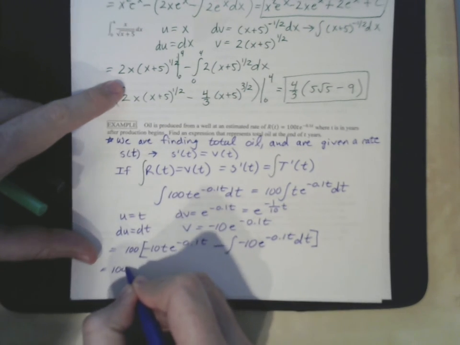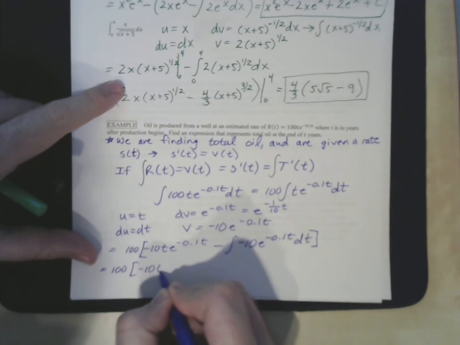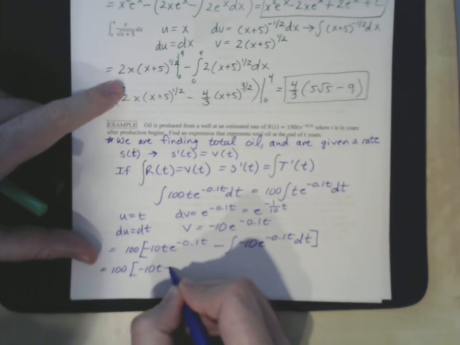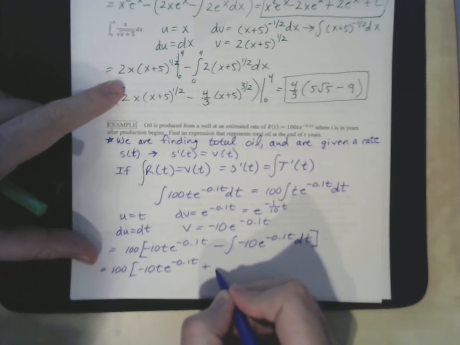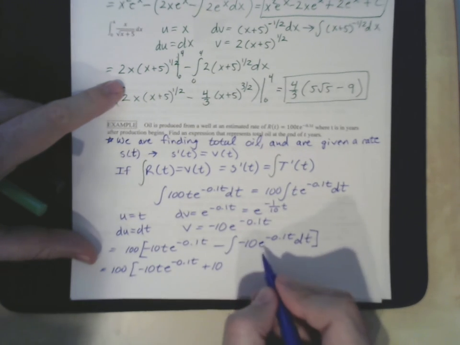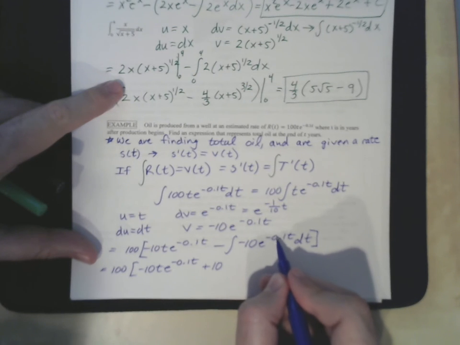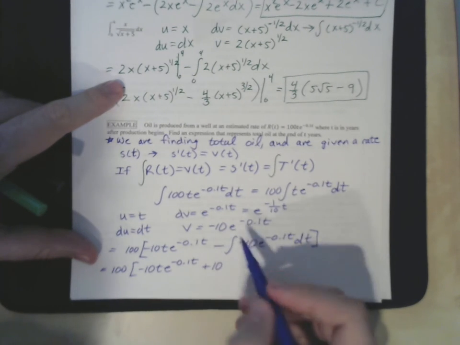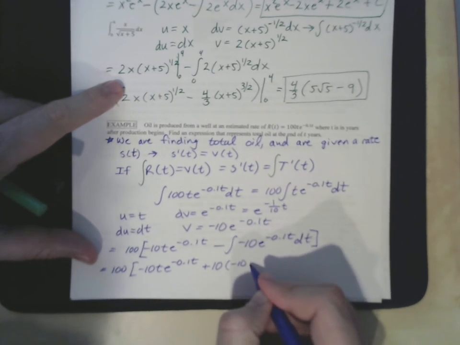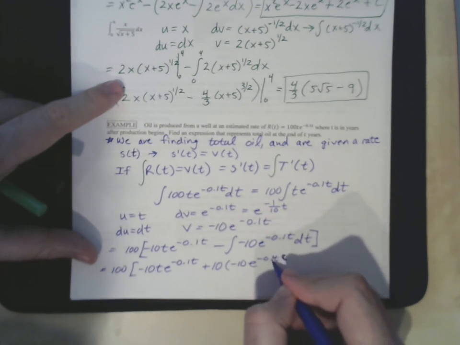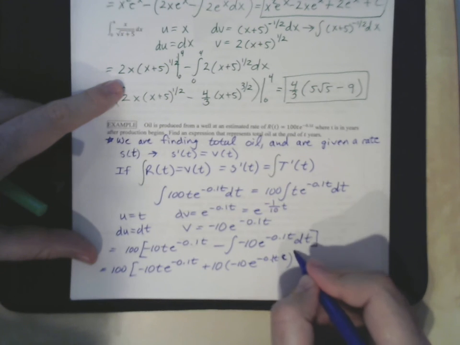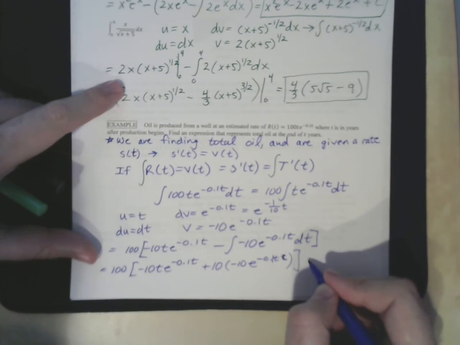So this is 100 times negative 10 t e^(-0.1 t). Minus minus makes plus 10. The antiderivative of e^(-0.1 t), we just did that once, is negative 10. So this becomes times negative 10 e^(-0.1 t). And all of this will be plus c at the end.